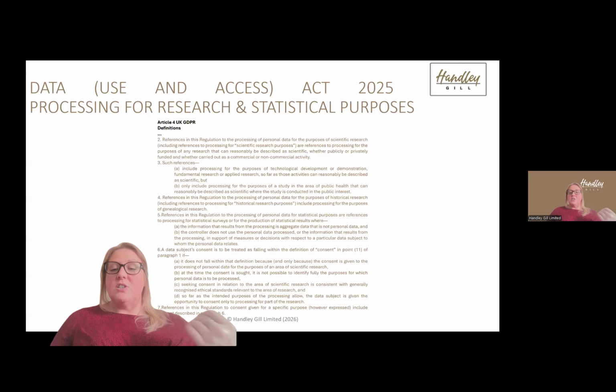Subject to certain conditions around complying with generally recognised ethical standards and an opportunity to consent at the time of collection to only part of research. So if you're collecting personal data for scientific research, you might want to give people the opportunity to say, I consent only to this particular processing purpose, or I consent to this and related further future processing in this area.